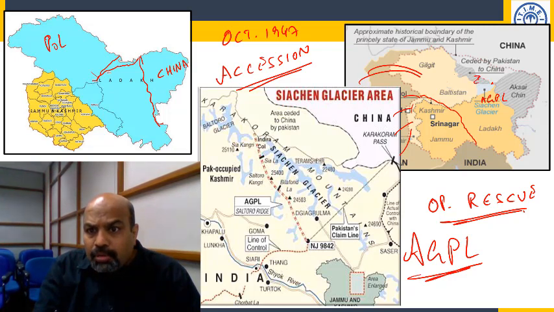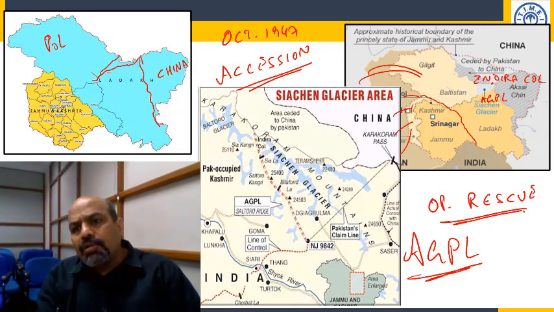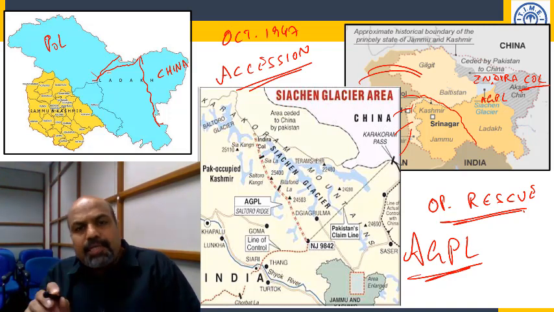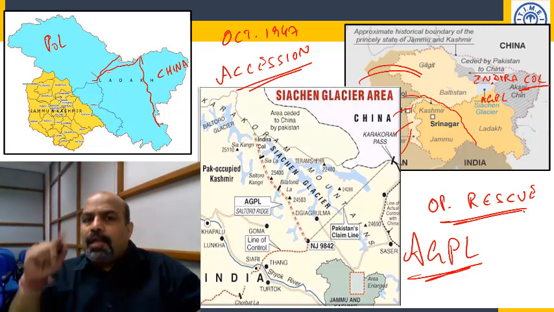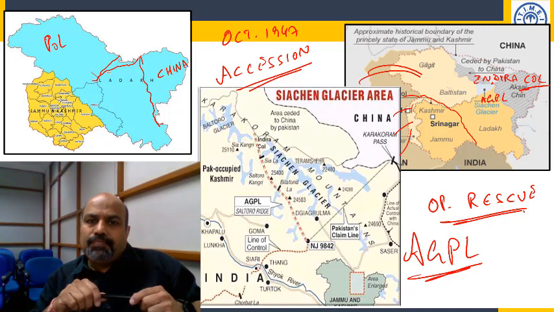called Indira Col. Indira, name of Indira Gandhi, Col, not Indira Gandhi. It's some other time I'll tell you the exact story. Col is a pass, mountain pass. So this tri-junction is a point where you would find areas controlled by three countries: China, India, and Pakistan.